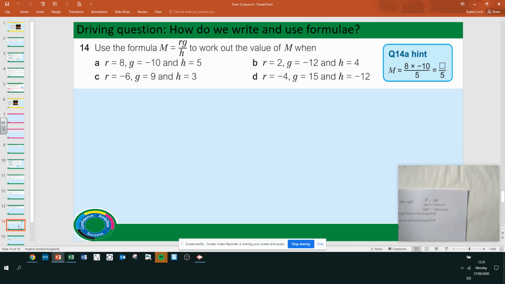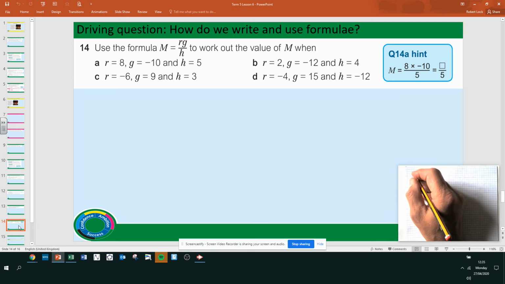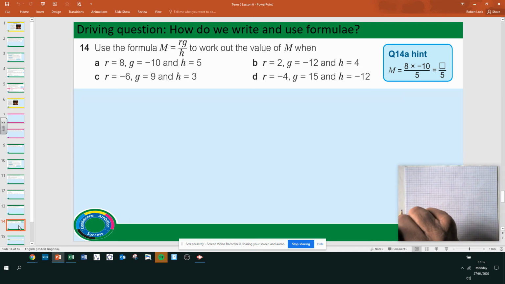Question 14. Use the formula M equals RG divided by H to work out the value of M when R is 8, G is minus 10, and H is 5.